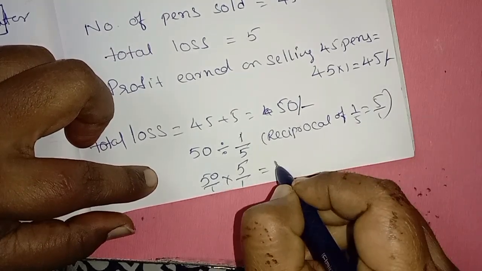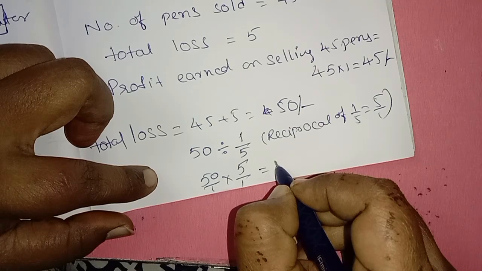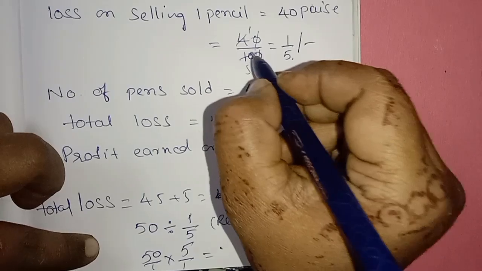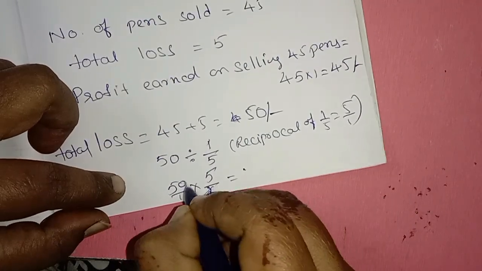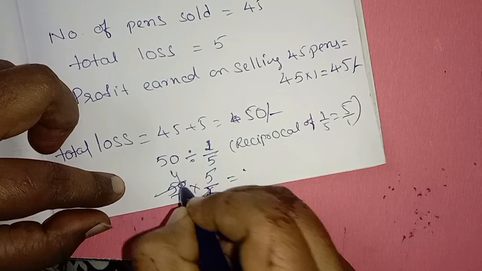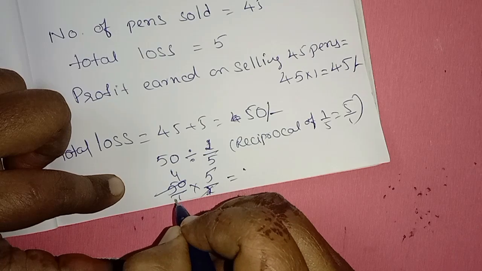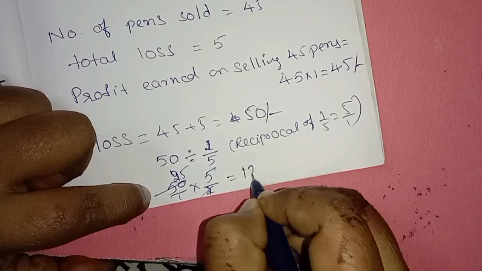5 5s are 25. Here 2 by 2, 2 is a 2 5, 5 by 2, 2 1 is a 2, 2 2s are 4, 25. 25 5s are 125.